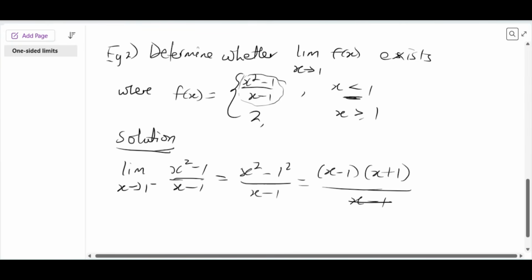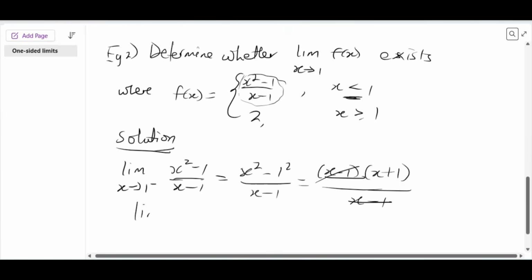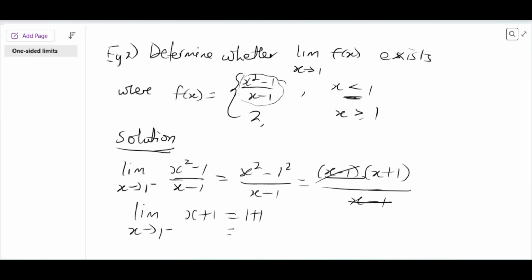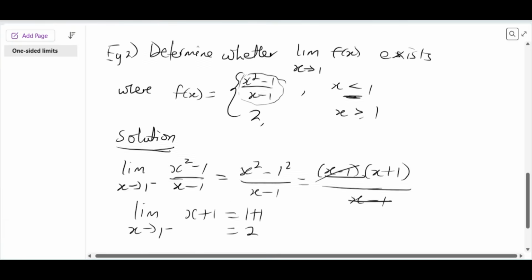And clearly, the x minus 1 terms cancel. And that's what was giving us the 0 over 0. So now we find the limit as x approaches 1 from the left of x plus 1. That is equal to 1 plus 1, which is 2. All right. So the limit as x approaches 1 from the left, which is the left-hand side limit, is 2.